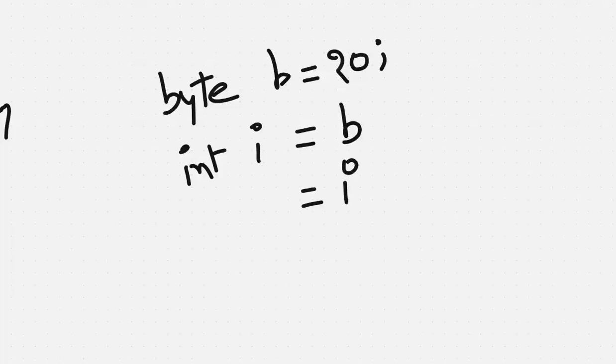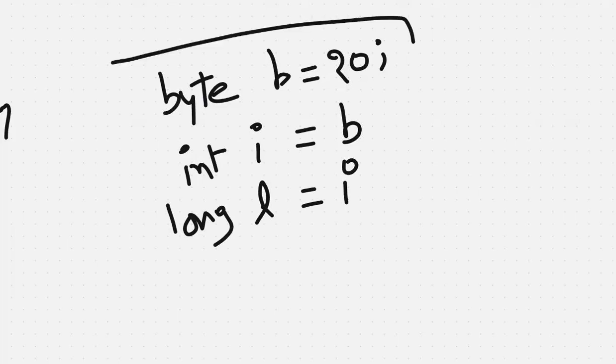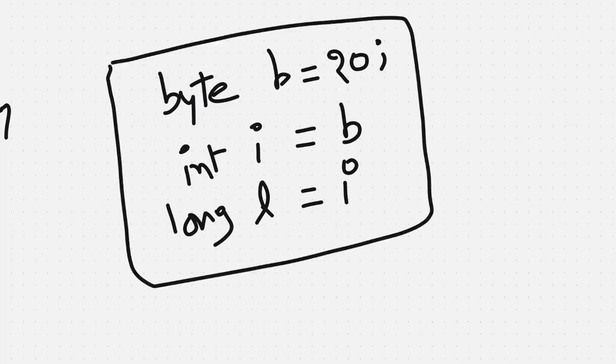You can use L, it's a long type like this. So this is done implicitly by Java. Is it clear? Can you understand?